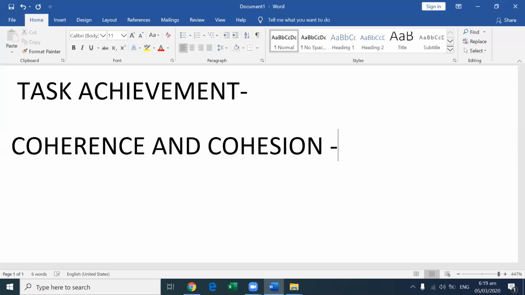Okay. So for coherence and cohesion, aside from the usage of the linking devices, you also need to have good paragraph development. So what does that mean? When you say paragraph development, there are two things. One, there is what we call the intra paragraph development, which means within your paragraph.